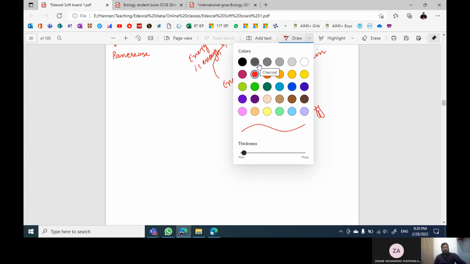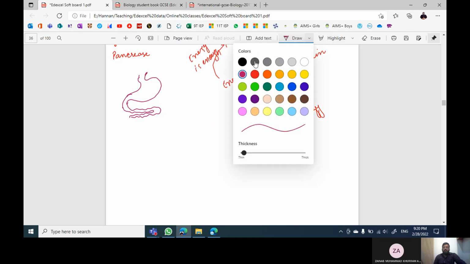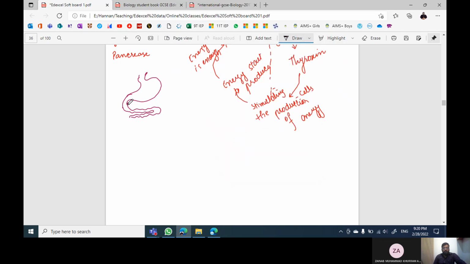But pancreas is an organ that is situated just below the stomach, and it has a very particular significance in two types of functions. One is exocrine and the other one is endocrine. I'm going to discuss both of these functions right now.